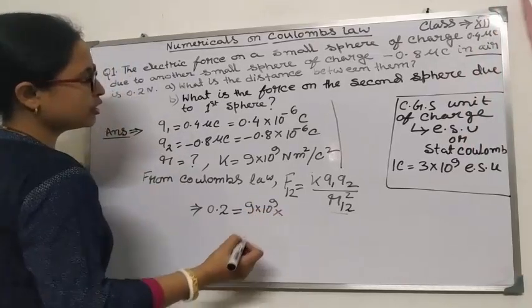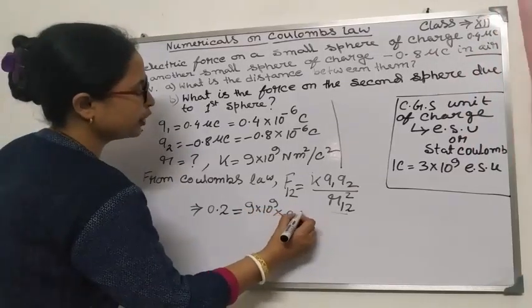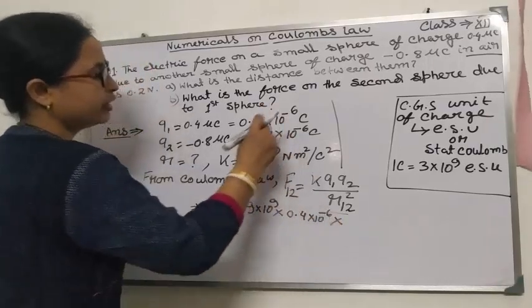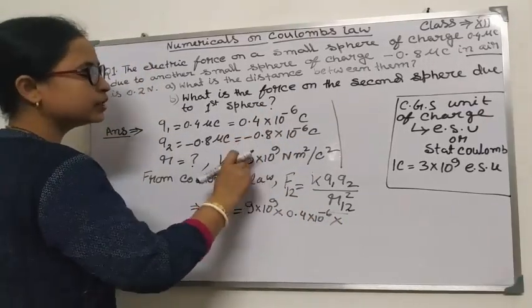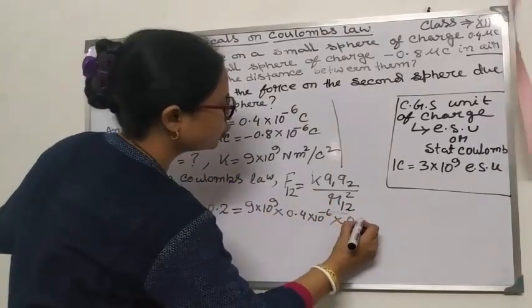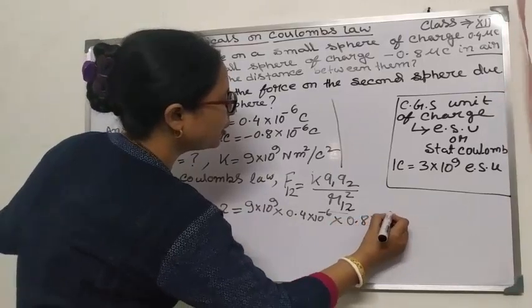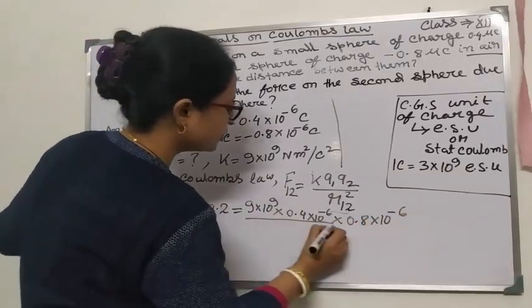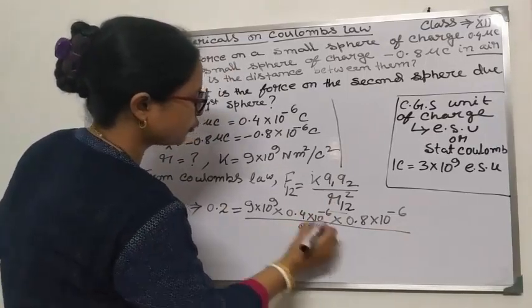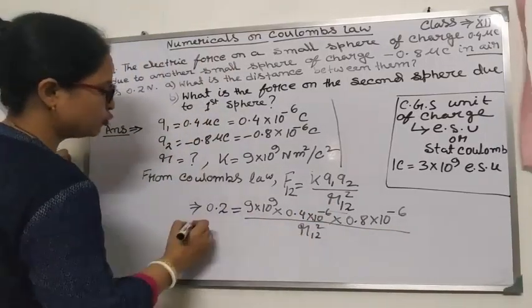What is Q1? Q1 is 0.4 into 10 to the power minus 6. Here minus 0.8 is there, but for Coulomb's law you have to take the magnitude of charge only. That's why you have to write here 0.8 into 10 to the power minus 6 divided by R12 square.